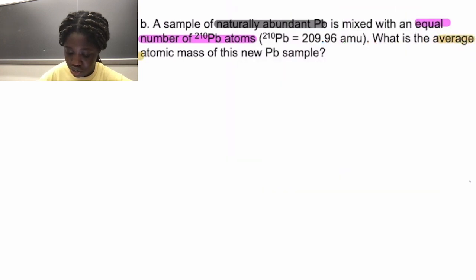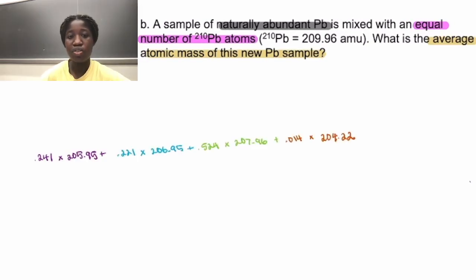And so, in order to solve for this, we're going to need our expression from above, so let me bring it down. Alright, so we have our expression from before. This time I subbed in the atomic mass that we just solved for, and this entire thing is the sample of naturally abundant lead, and it's now mixed with an equal number of lead-210 atoms.